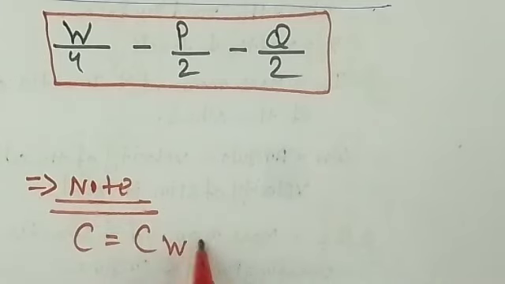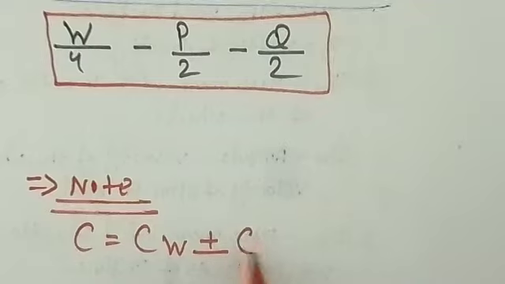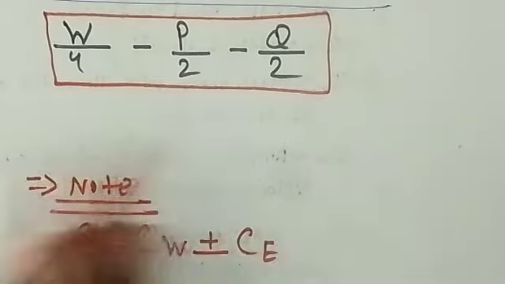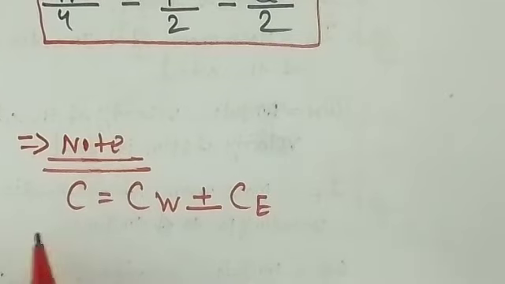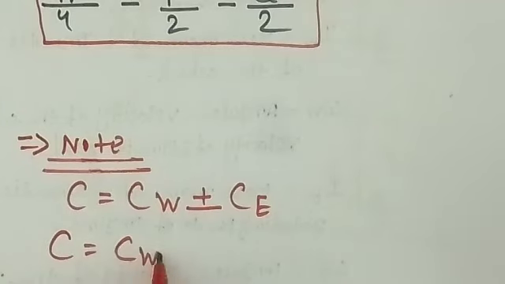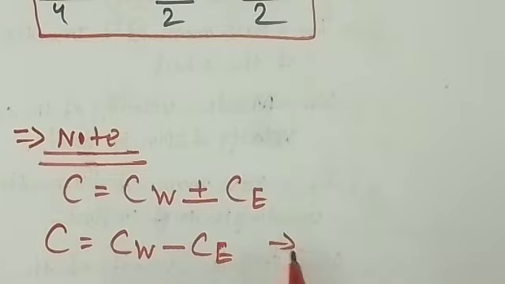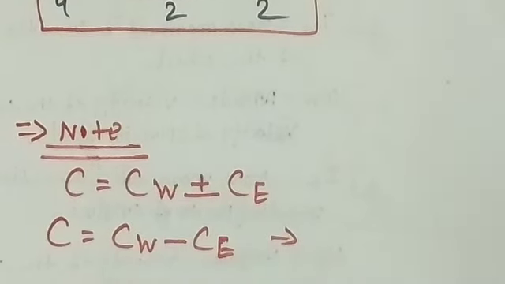If you remember, C is equal to CW plus or minus CE, right? When it is rotating in the same direction, there is no problem. If the wheel and engine are rotating in opposite directions, we will use the minus sign. It means that C is equal to CW minus CE, right? This is the case when the wheel and engine are rotating in opposite directions.